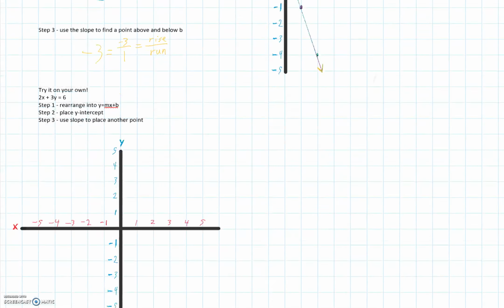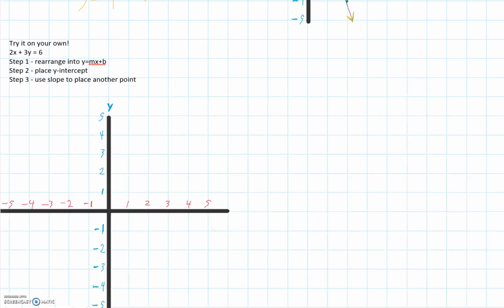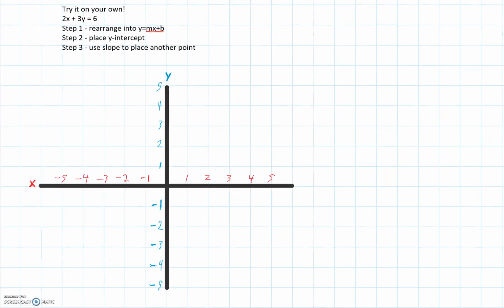Now you can try your own. This one's going to be slightly different. It's got a fraction. So pause the video here and try this.